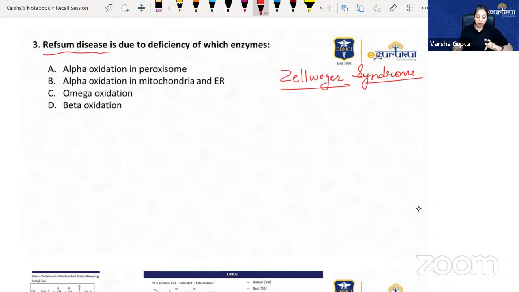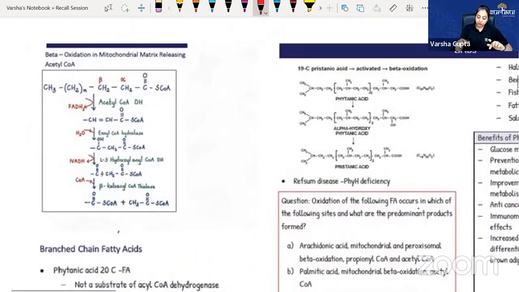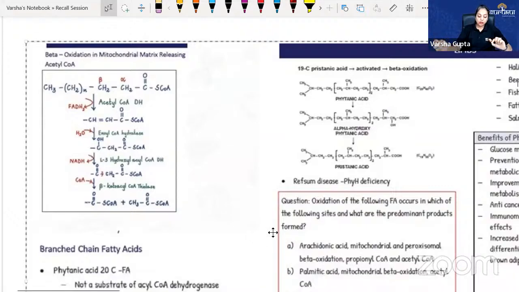We know the regular beta oxidation is this. Regular beta oxidation is this, right? What does that mean?